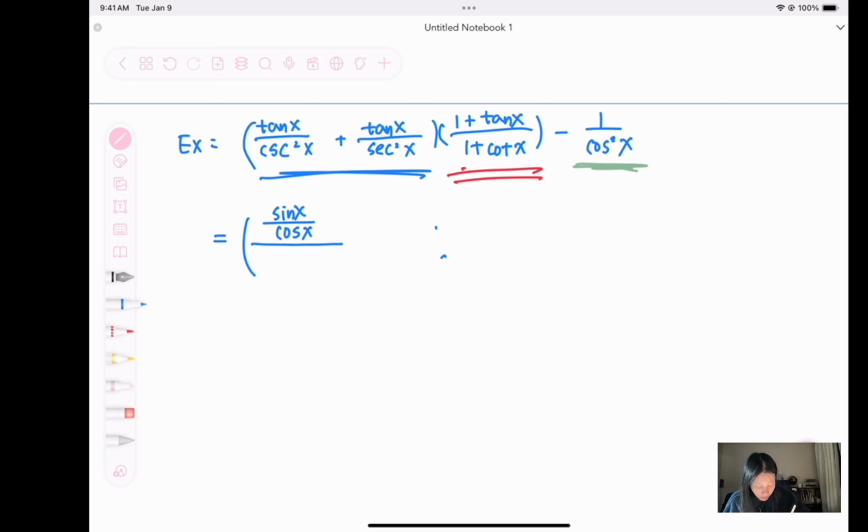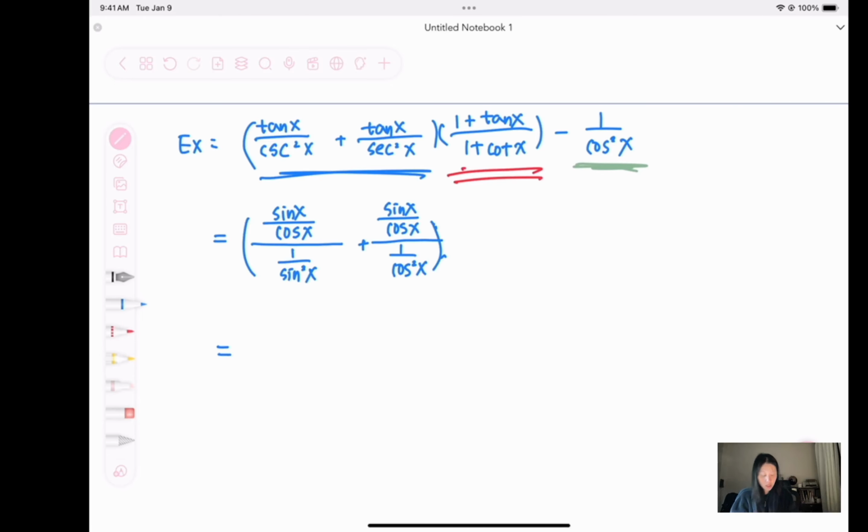Cosecant is equal to 1 over sine square, plus the second term, again, we write this in cosine and sine. Secant is equal to 1 over cosine square.